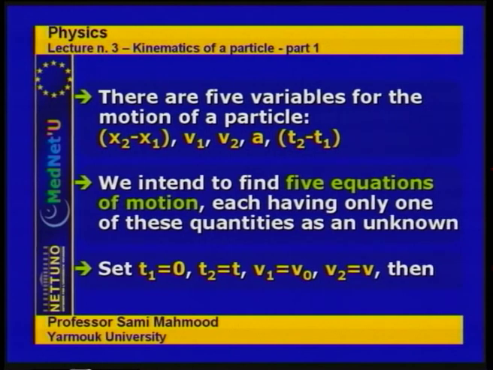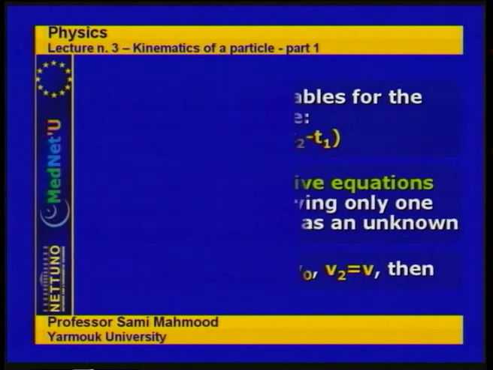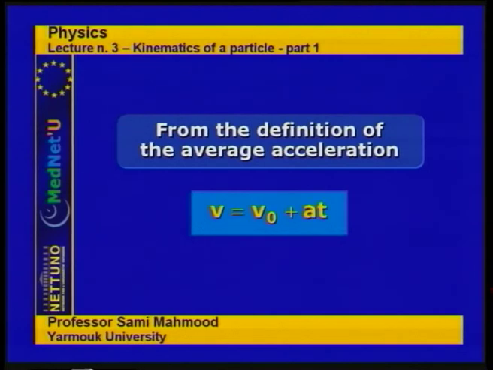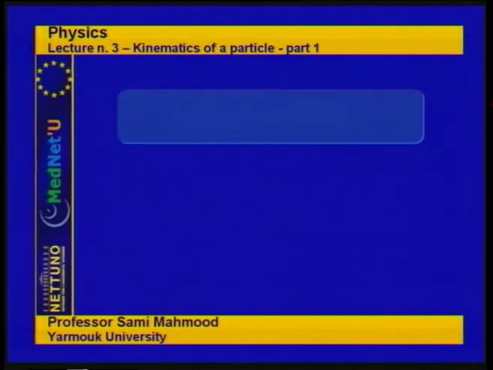If we, for simplicity, set T1 equals 0, T2 equals T, V1 equals V naught, V2 equals V, then from the definition of the average acceleration, we have this equation, V equals V naught plus AT. This is coming from the average acceleration.